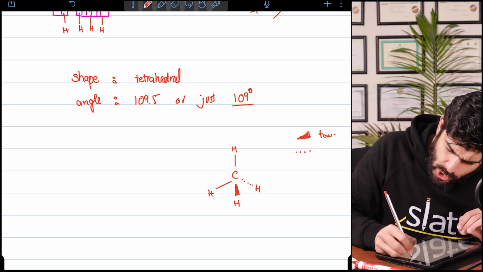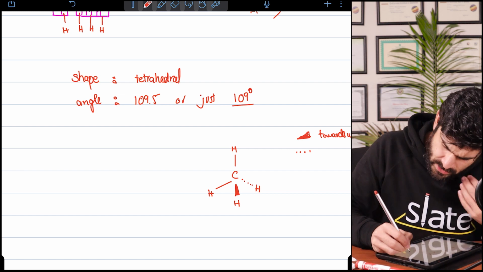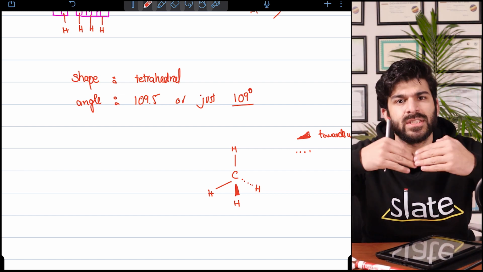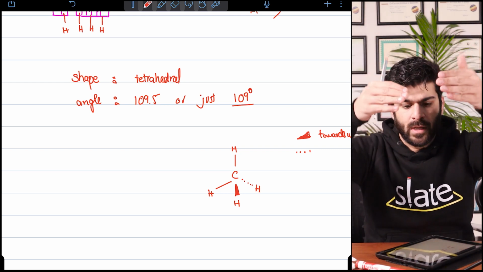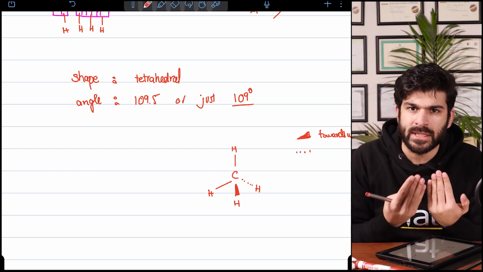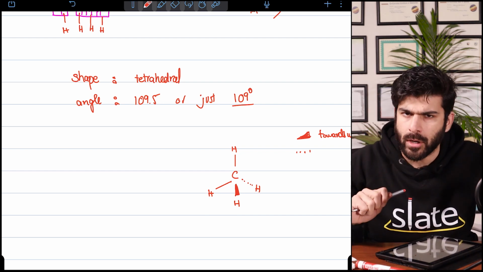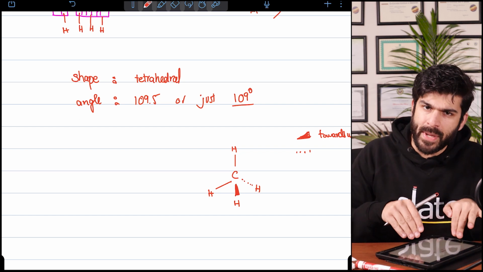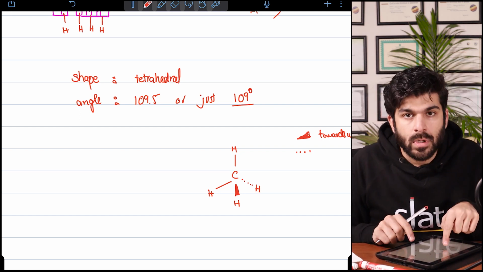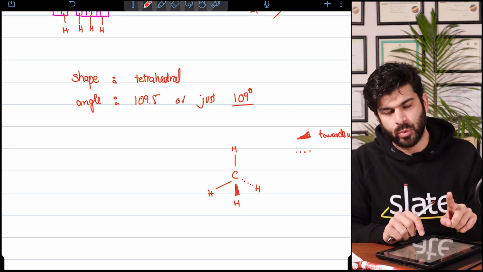Wedge means towards us, coming towards us. And dotted is going out of the plane. So wedge and dot both are going out of the plane. So we cannot do that in the paper. Obviously, we cannot tear our paper apart. So this is how you make methane. CH4, no lone pair. That's important, students.